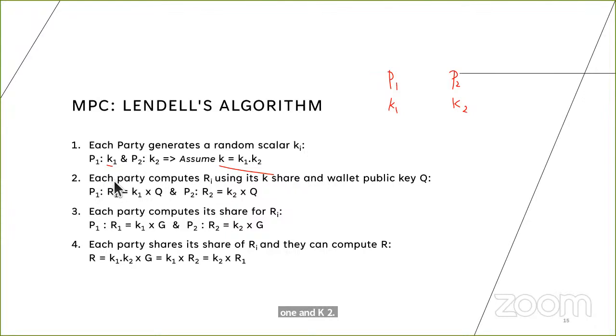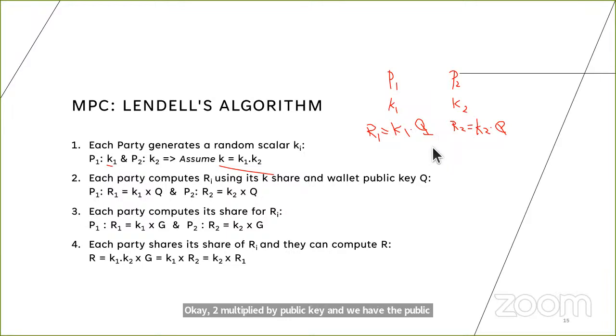The second step is that each party computes its R. So R1 would be K1 multiplied by Q, and R2 is K2 multiplied by the public key, and we have the public key from the previous step, the key generation.